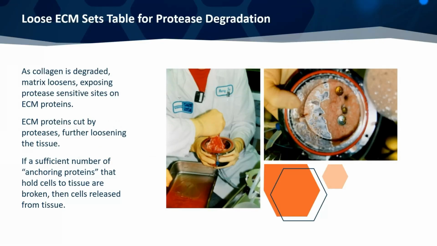And basically what we see here is that you get complete digestion of that organ. So the collagen is degraded, matrix loosens, and you get release of cells. And you just have to have a sufficient number of these anchoring proteins cut to release the cells from tissue.